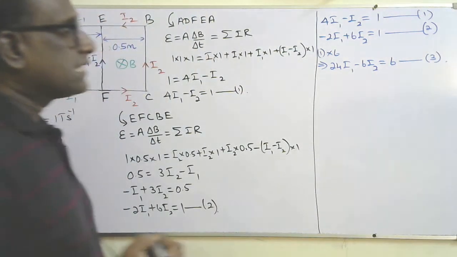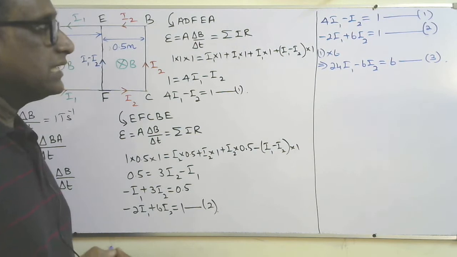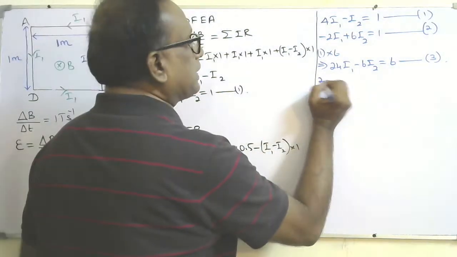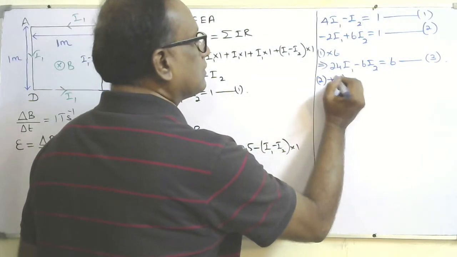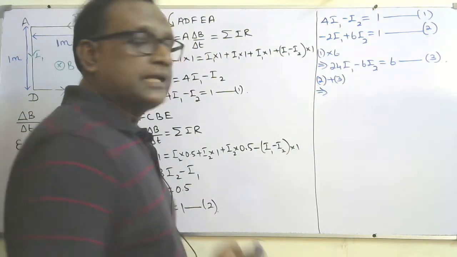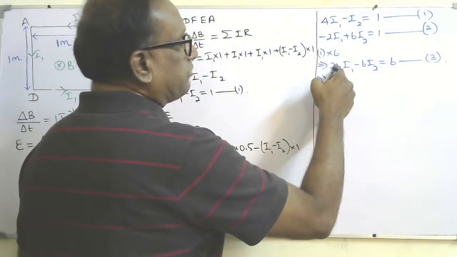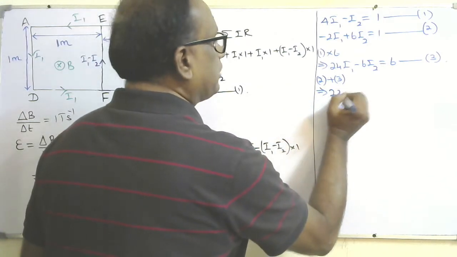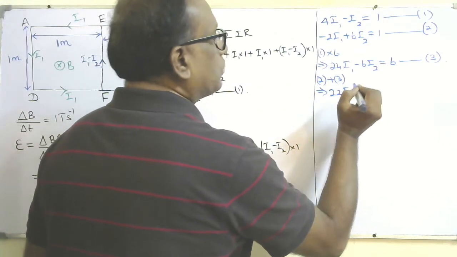Okay, so by using the second equation and third equation, I'm going to find I1. So add second plus third: 6I2 and minus 6I2 will get cancelled. So 24I1 minus 2I1, 22I1 is equal to 7.